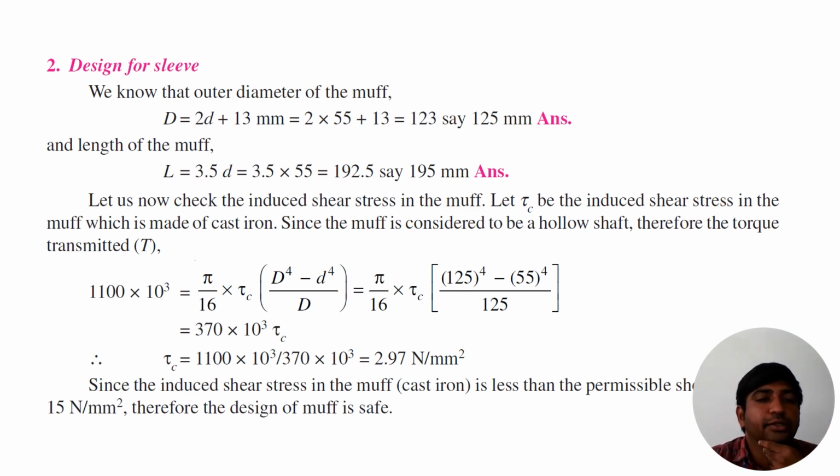Tau c is the CSS of the sleeve. Here the given permissible CSS is 15 megapascal. As we calculated the CSS as 2.97, which is less than the permissible, the design of the muff is safe.